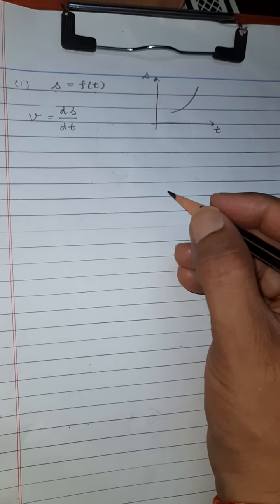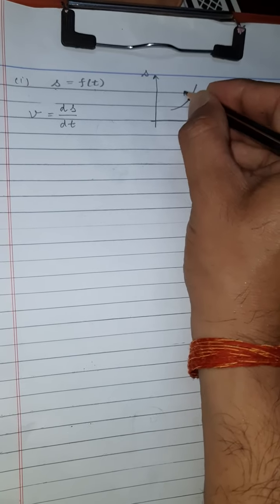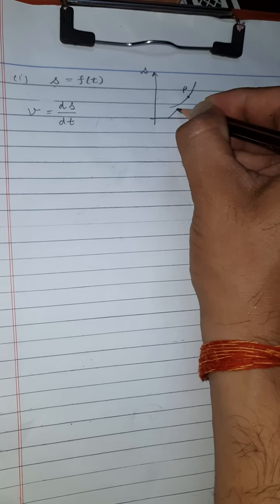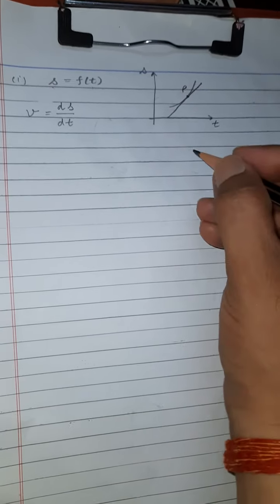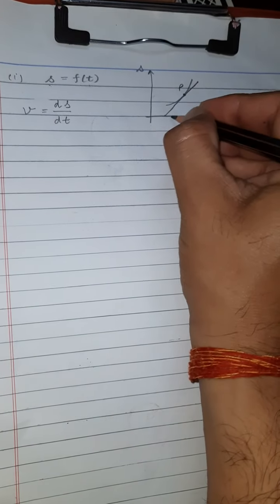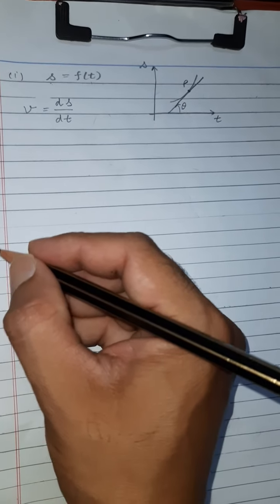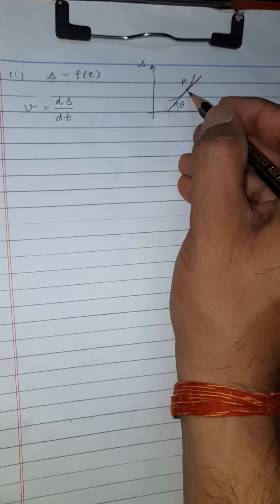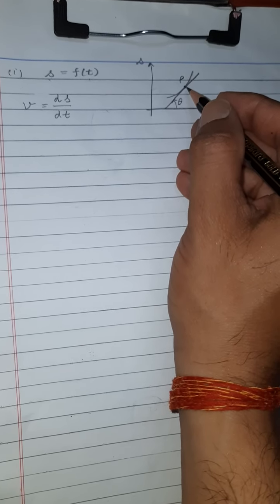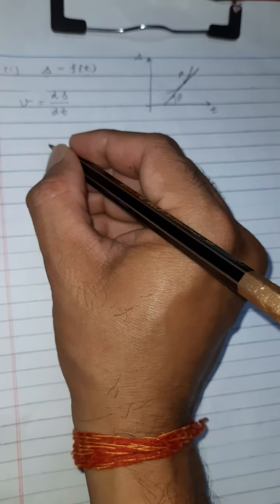The velocity at a point, suppose I take this point, is found by drawing a tangent at this point. Suppose this angle is theta. Velocity at a point is given by the slope of the tangent. In the previous video I explained how you can calculate the slope of the graph.